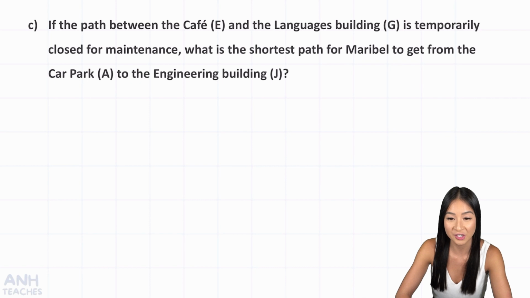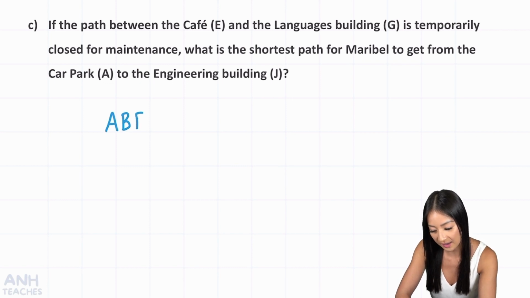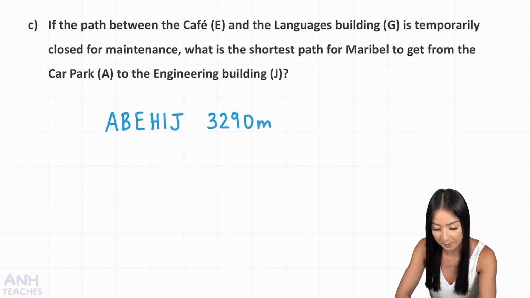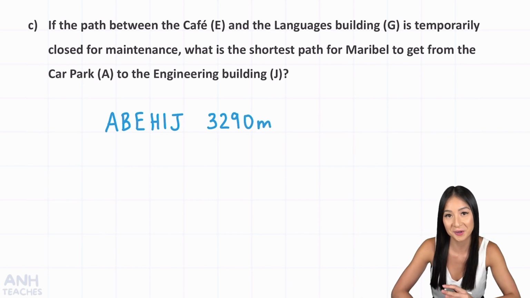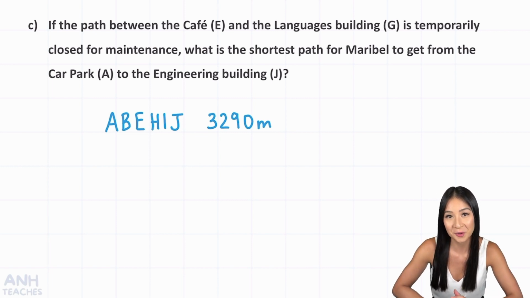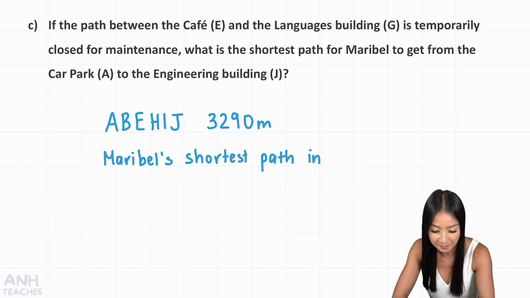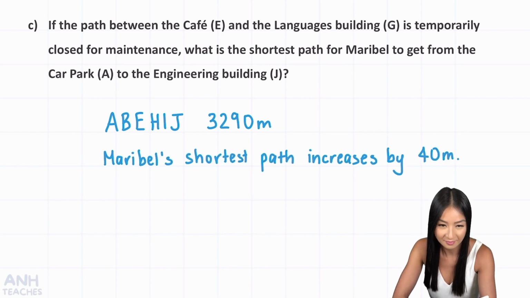So with a temporary closure of the path from the cafe to the languages building, Maribel's shortest path is now A, B, E, H, I, J, which is 3,290 meters. Let's go one step further for the completeness of answering this question. Maribel's shortest path increases by 40 meters.